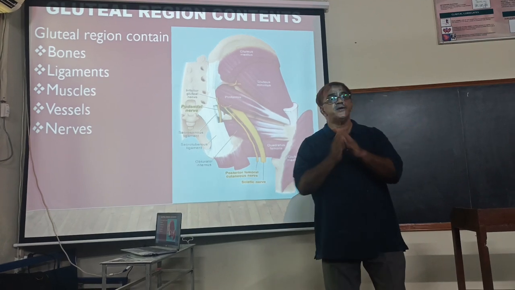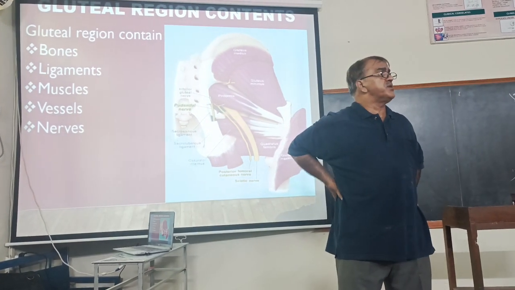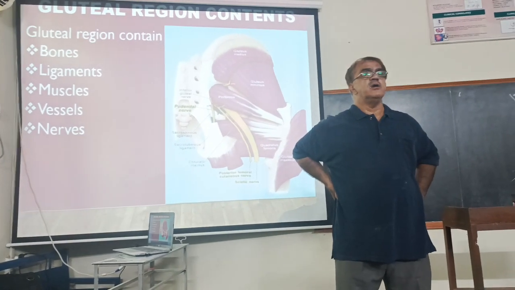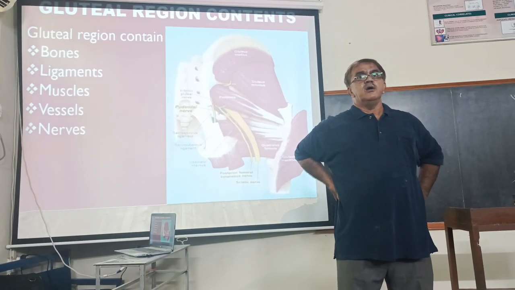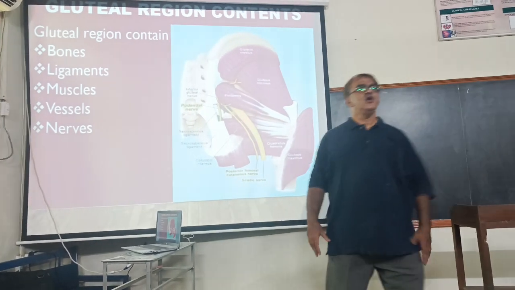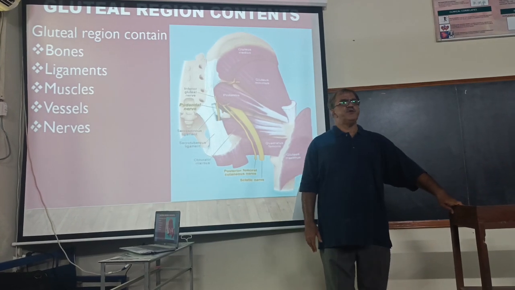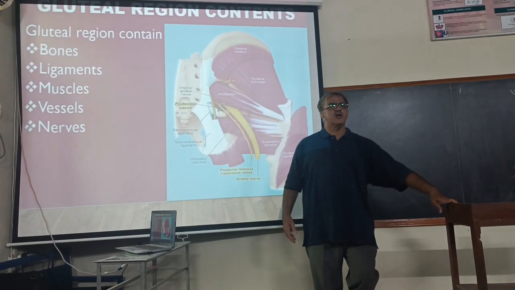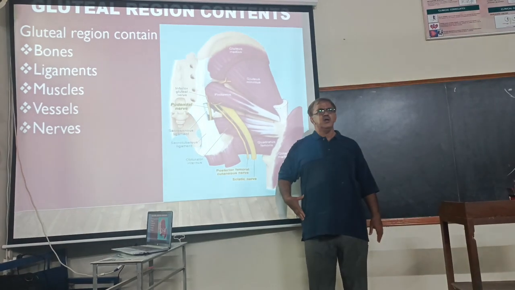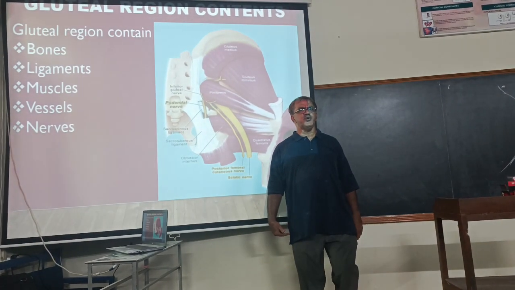This is normal gait, and normal gait is supported by the gluteus medius and minimus. But if they are paralyzed, then this is abnormal gait. Suppose the right muscles are paralyzed. You are walking now. The right side is supported.